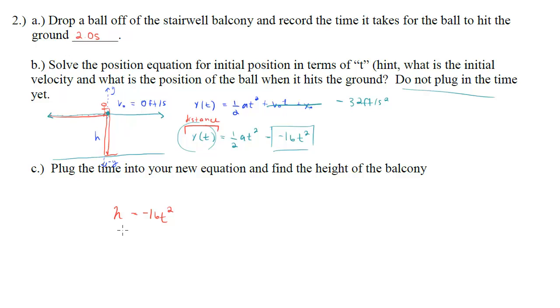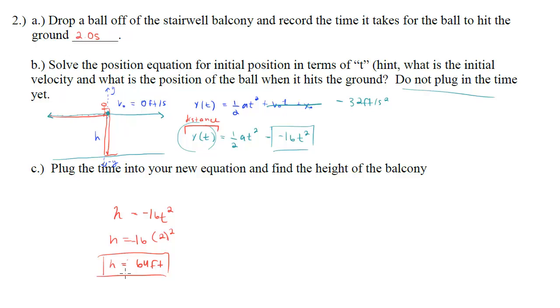T is 2 seconds. And then you get 4. 16 times 4 is 64. And your height is 64 feet, which is probably a little high. So this might be more like 1.5, 1.6 seconds.